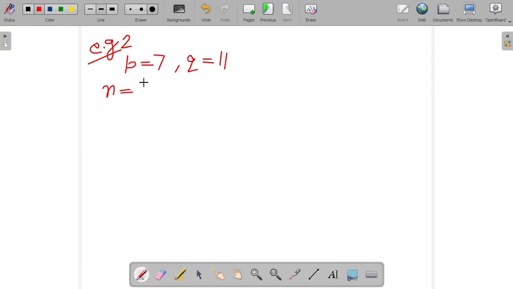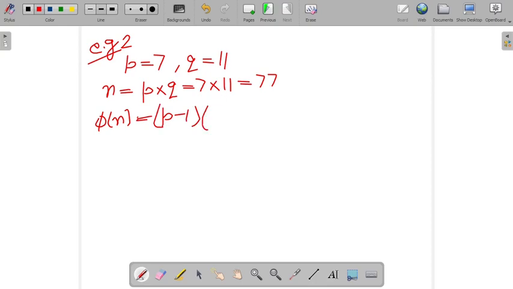You know, p multiplied by q is equal to 7 into 11, that is 77. Calculate phi n is equal to (p minus 1) (q minus 1) is equal to 6 multiplied by 10 is equal to 60.